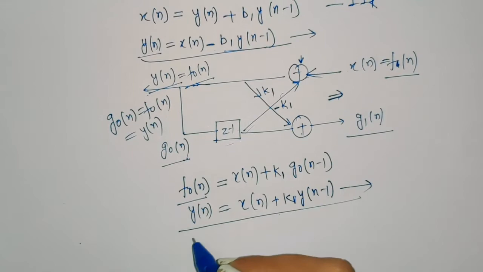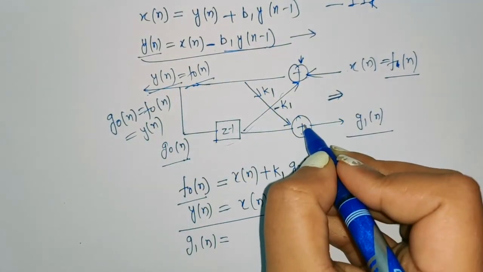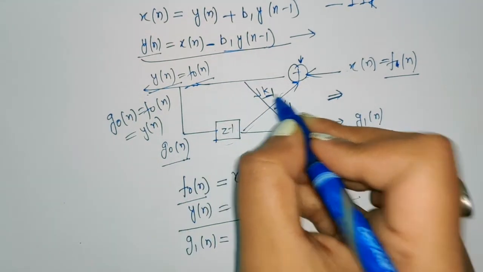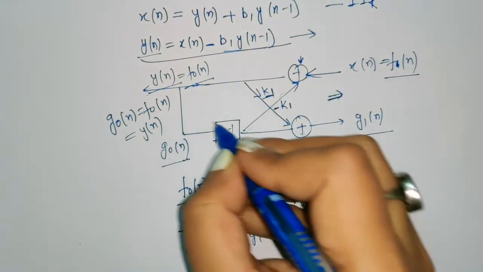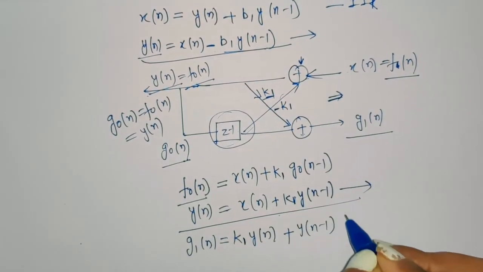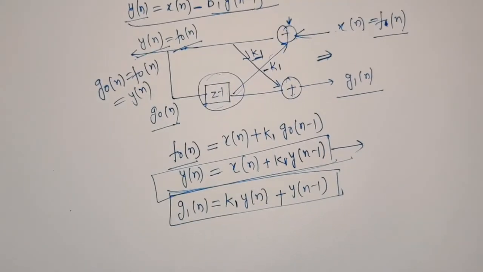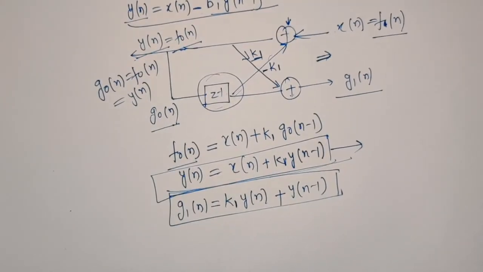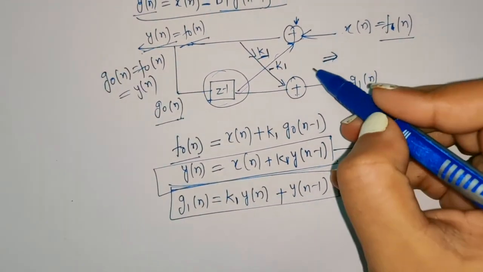And obviously from this you can find out g1n also. Your g1n would become this y multiplied by this k, so it is k1 yn plus this g0, that means y, and then one delay element, so yn minus 1. So this is for the IIR filter. The only difference between FIR and IIR is this structure.